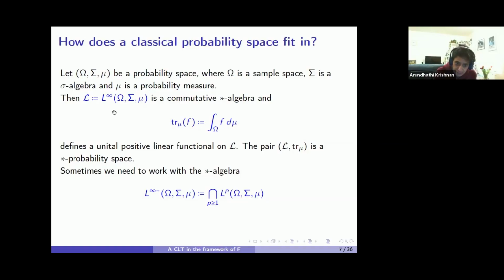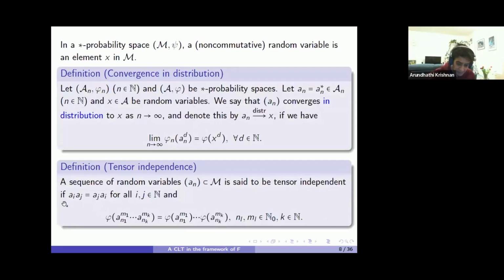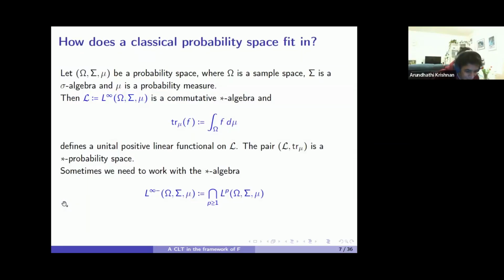It doesn't belong to L infinity, but all of its moments are finite, which means that it'll belong to LP for every P, and therefore it'll belong to the algebra L infinity minus. So depending on the context, we might have to choose our star algebra wisely, let's say. So the classical probability space fits into this algebraic framework.